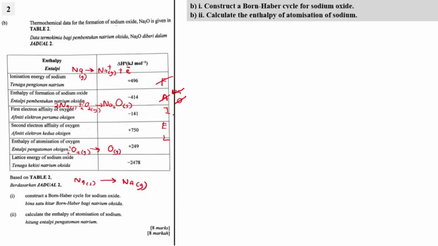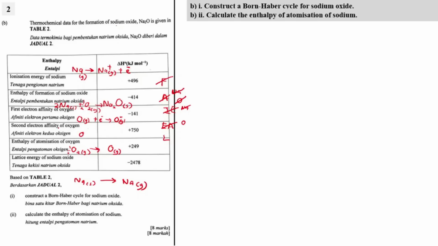So ionization energy for Na is done. Because ionization energy is for metal, electron affinity is for non-metal. So our non-metal is oxygen. So oxygen gas will receive 1 electron, and will become O minus gaseous ion. So the first electron affinity is done.